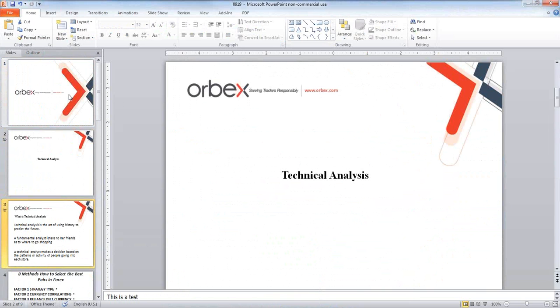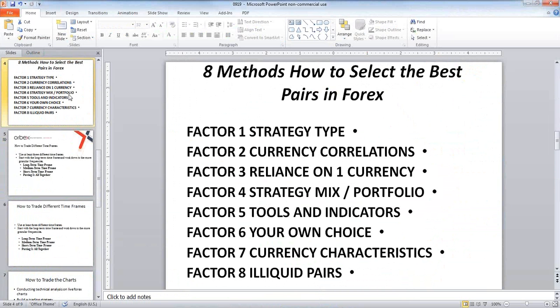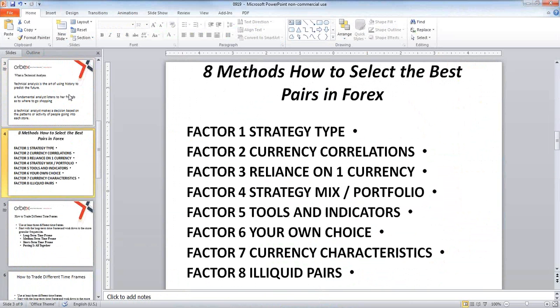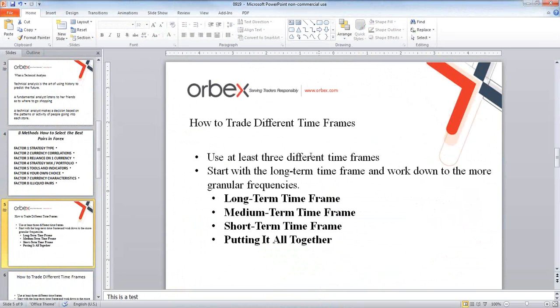So today with Orbex, we reviewed what technical analysis is from our previous webinar. We picked one of the methods to select the best pair in Forex, and that was tools and indicators. And we talked about how to trade different time frames, and that we should use at least 3 different time frames.